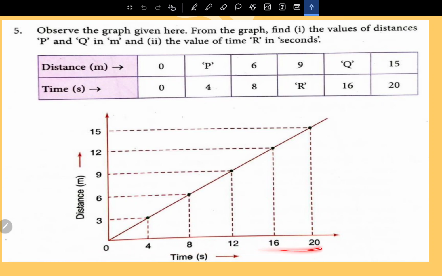So here a distance-time graph is given, and time is given in second and distance is given in meter. So it becomes easy. At 4 seconds it covers 3 meter. Again at 4 seconds it covers again 3 meters more, again 3, again 3, again 3, and here it is the time interval of 4 seconds.